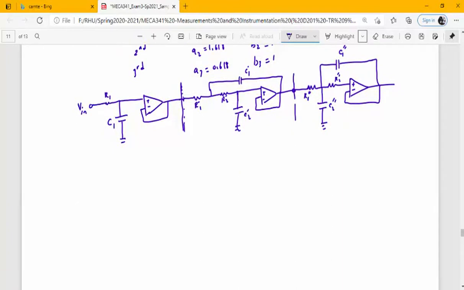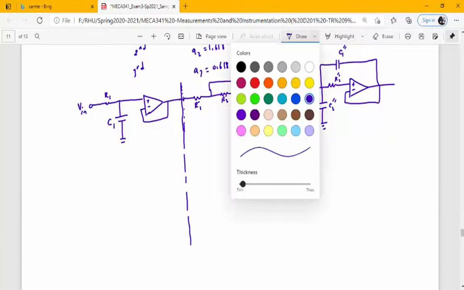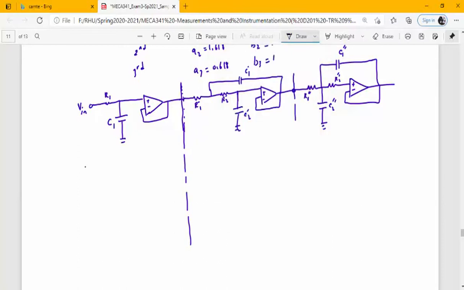So let's take the first one. Take C1, let me change the color. Take for instance C1 equal to 1 nanofarad. Now you need to solve for R1.